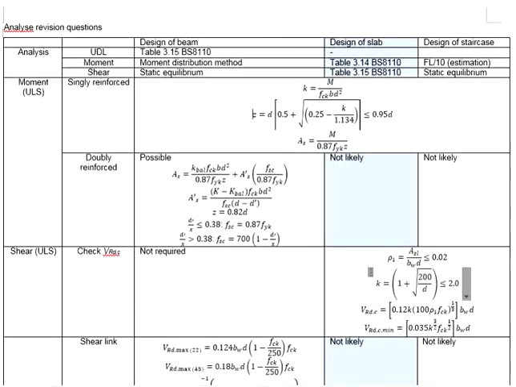As for the staircase, normally you only design for moment in the longitudinal directions. Based on the analysis, there is no moment in the transverse directions. That means technically you do not need to design for the secondary reinforcement bar for the staircase.